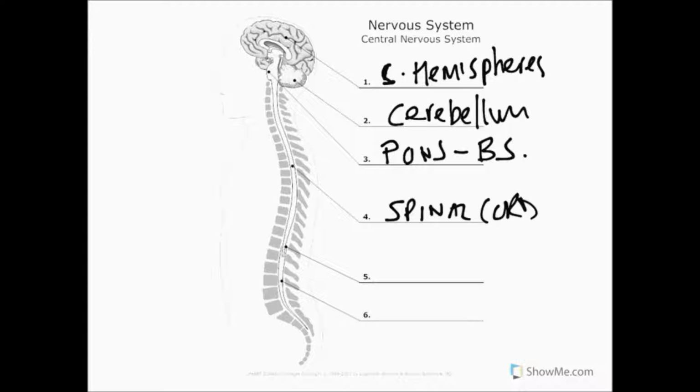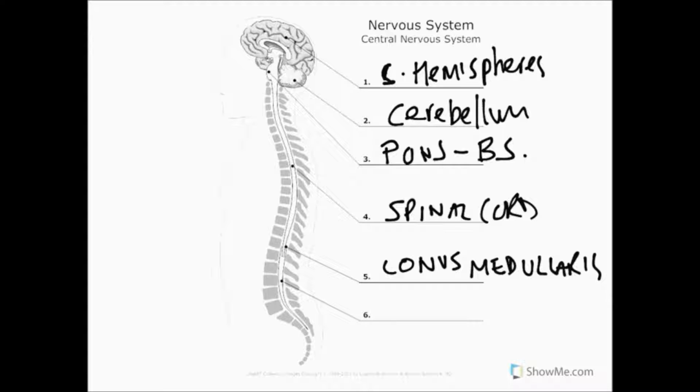And 5 is the termination of the spinal cord, and that's known as the conus medullaris. I apologise once again because the squeak has come back with my stylus. 6 is the continuation of fibres that leave the conus medullaris.